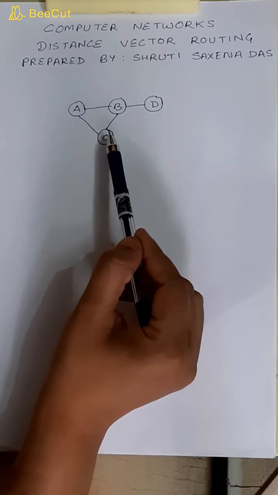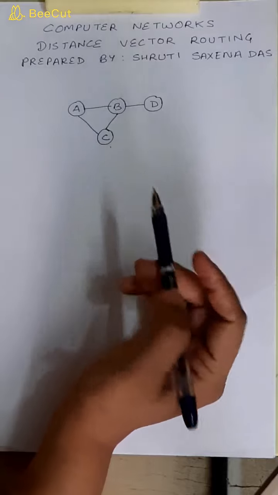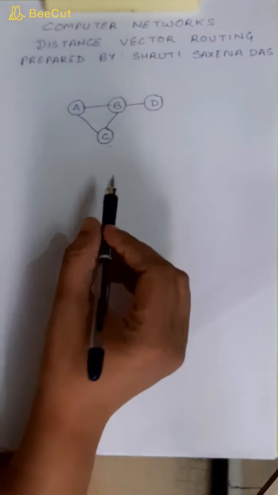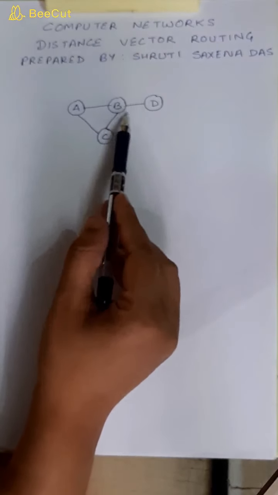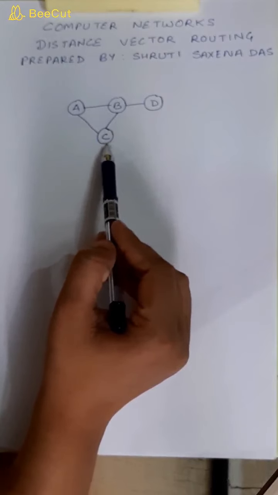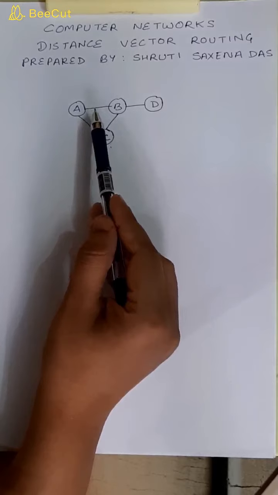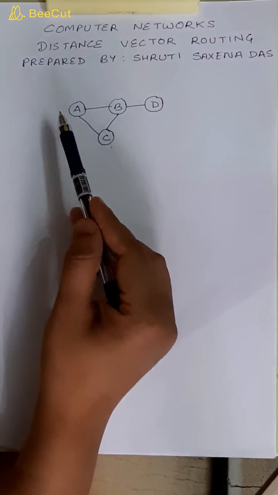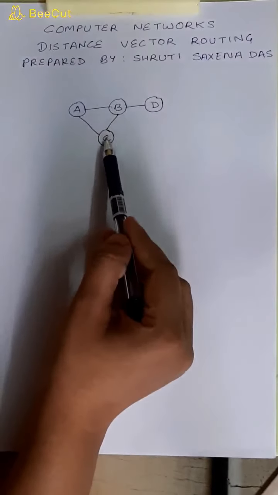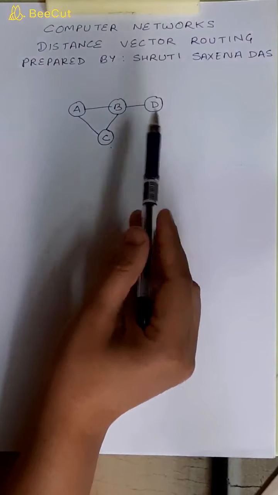Each router has to maintain a distance vector table containing the distance between itself and all the possible destination nodes. In this case we have four nodes, so A should maintain a table with entries for B, C as well as D.